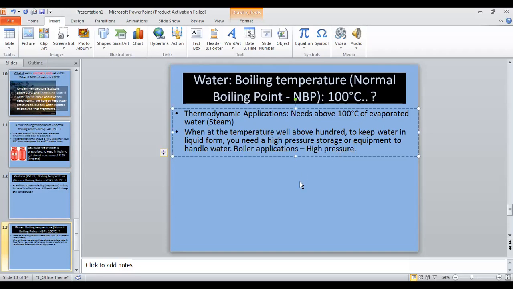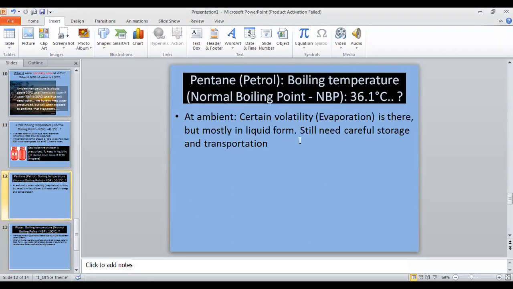So I'm really generalizing this knowledge. Yes, the pentane petrol boiling point is 36.1. Yeah, that is a good point, good question, Pruta. I will put the question in the chat.